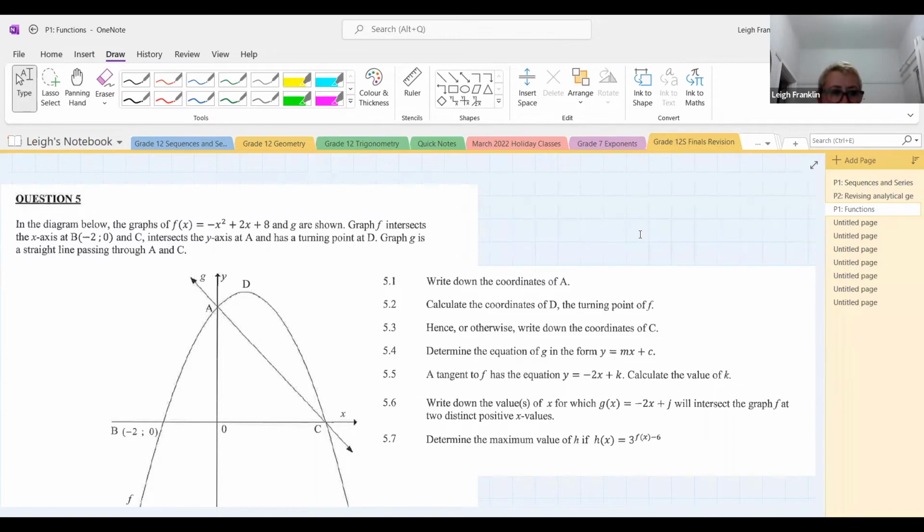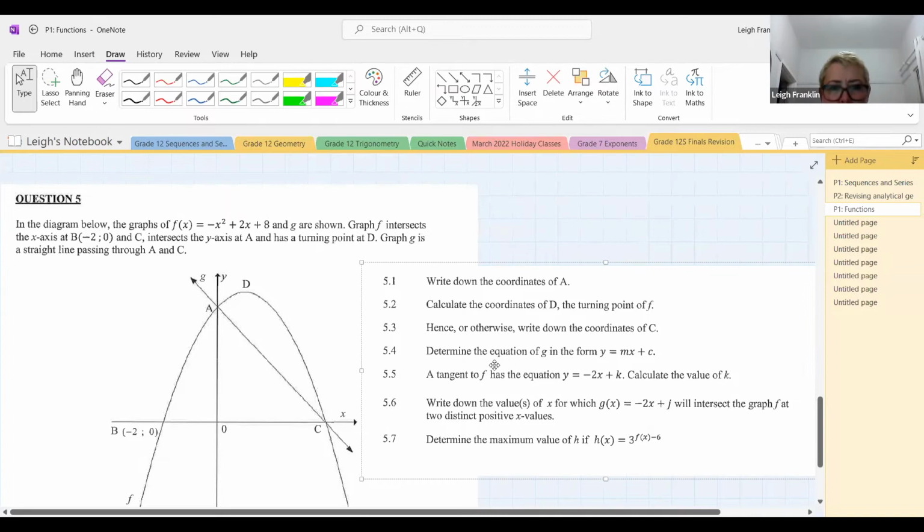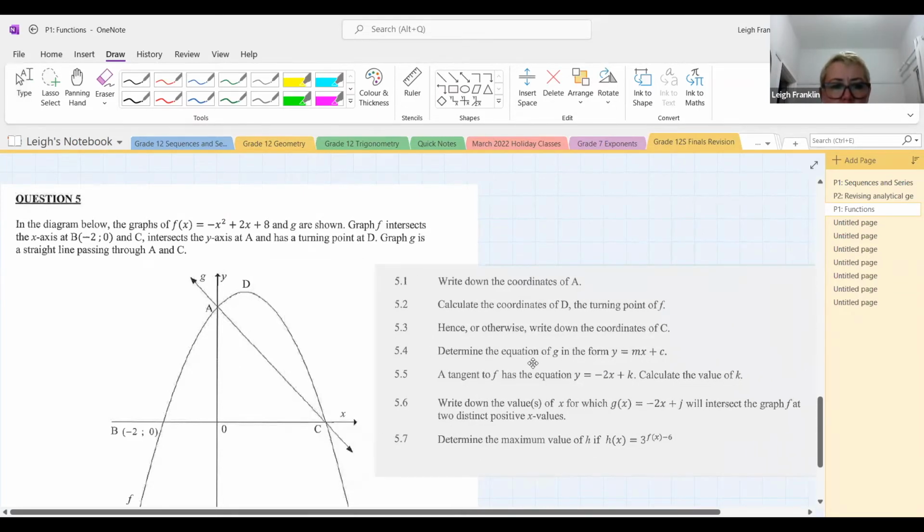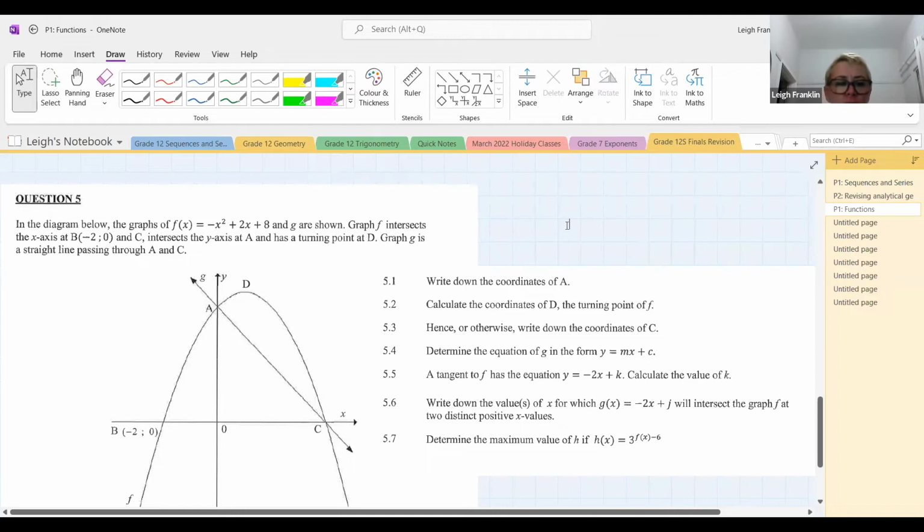Graph f intersects the x-axis at B, which has the coordinates minus 2 and 0, and C, and intersects the y-axis at A and has turning point D. Graph g is a straight line passing through A and C. So the first thing that they want us to do is write down the coordinates of A. So that's just for 1 mark. What are the coordinates of A, Matrix?